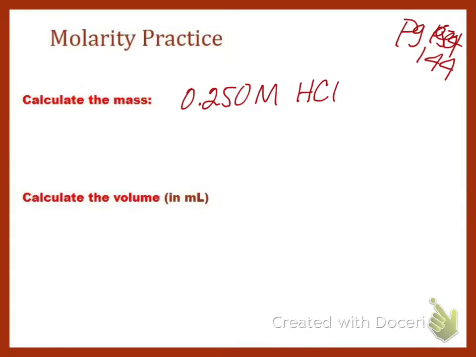So I want 750 milliliters of that, and I need to calculate the mass that I would need to add to it. Actually, that would be a liquid, so let's make this sodium chloride. Change that to sodium chloride, because I wouldn't mass out HCl because it's an acid.